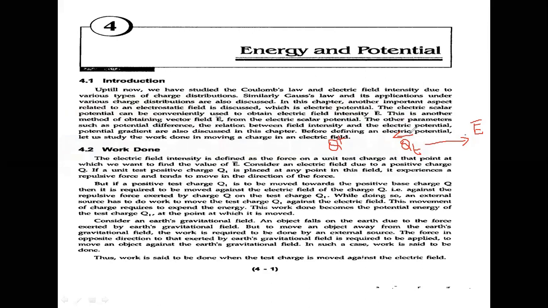Already there is a positive charge, and now we move this Qt nearer, and a repulsion occurs. Work is said to be done when the test charge is moved against the electric field. So the electric field is in this direction, and we move the test charge in the opposite direction. Thereby, work is said to be done when the test charge is moved towards the opposite side of the electric field intensity. Got it, my friends?